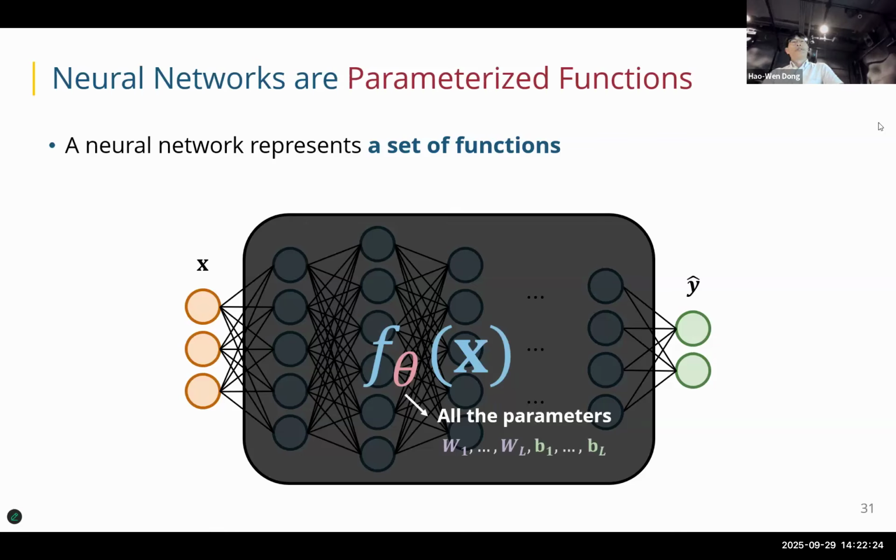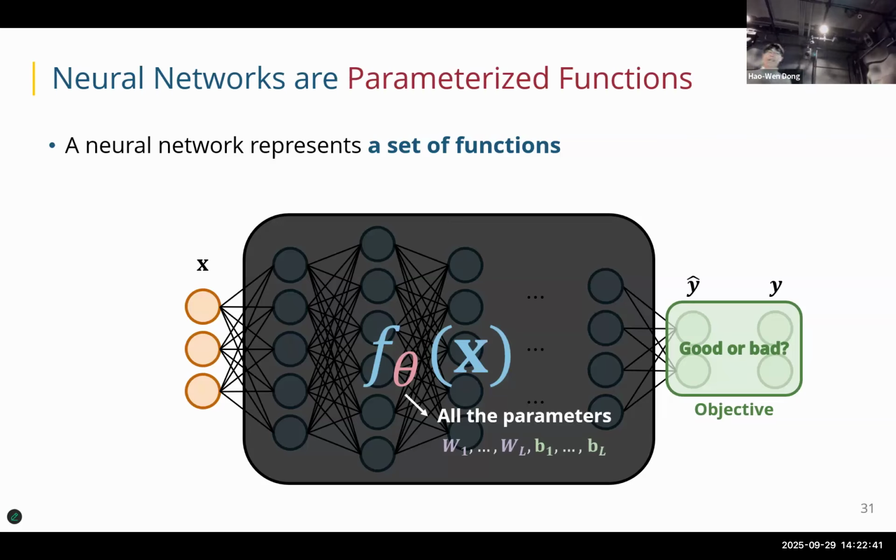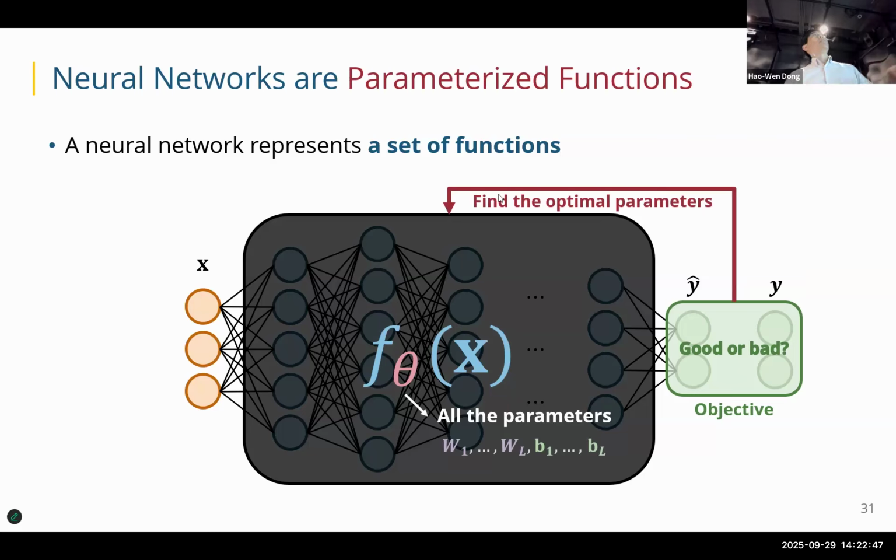Usually we use Y hat as the prediction, the estimation, and compare that with the real weight and age of the bear. Then we can define an objective for whether those are good or bad. And now we basically want to use this objective function to find the optimal parameters.